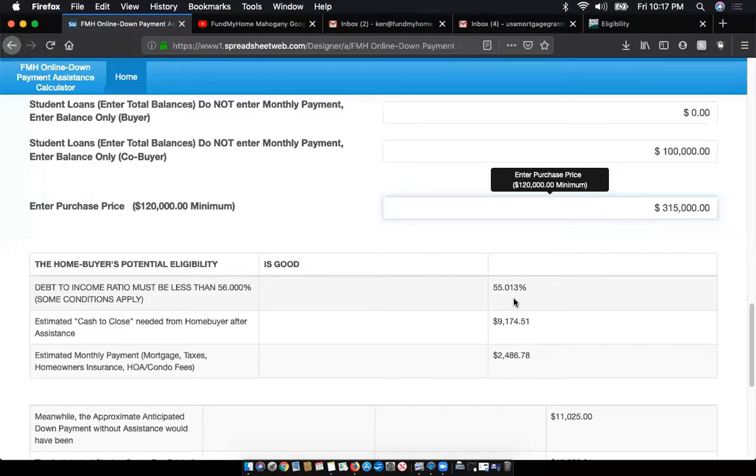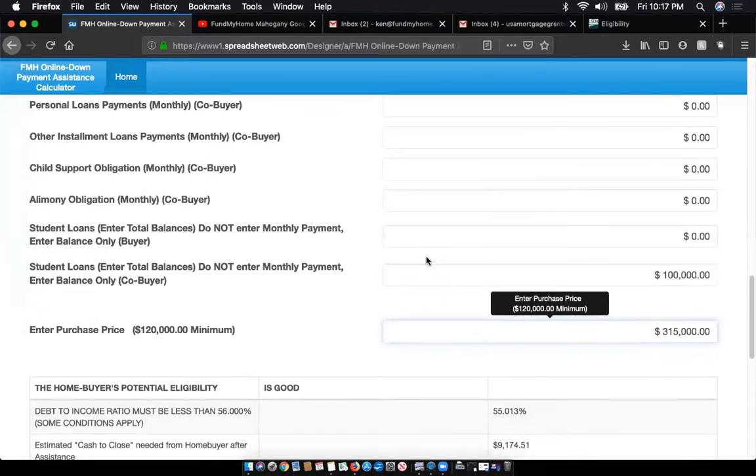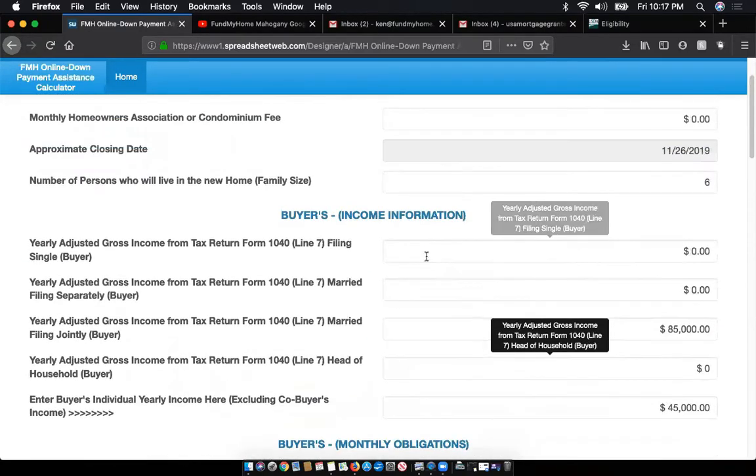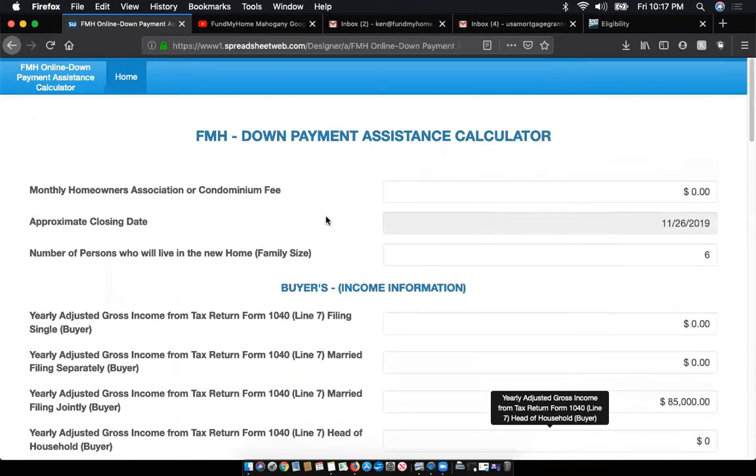Okay, so this is the down payment assistance calculator. You know where it's at. The questions are simple. Read the questions carefully, and answer them with the information provided in your tax returns. Don't second guess anything, because without tax returns, the banks will not even entertain it.